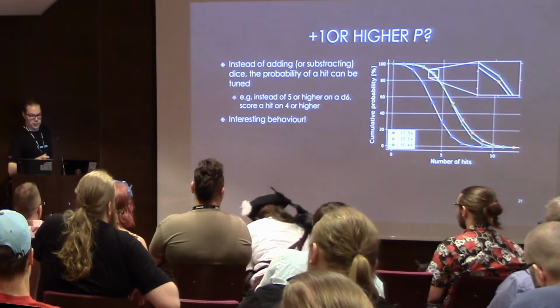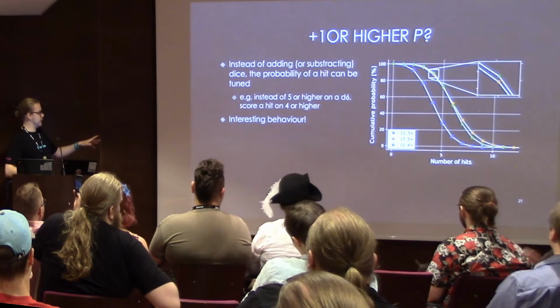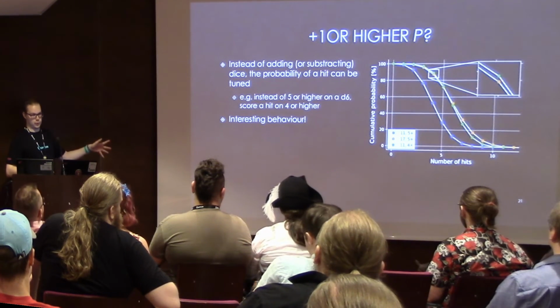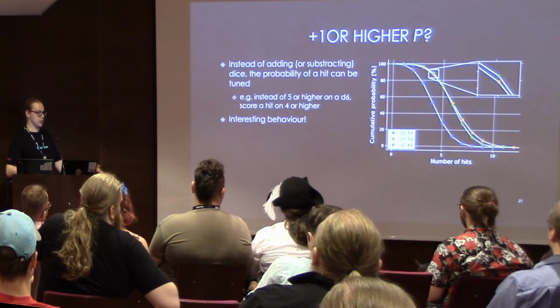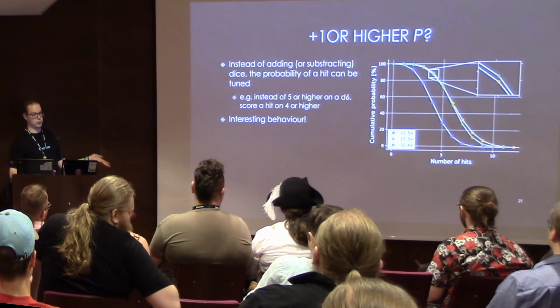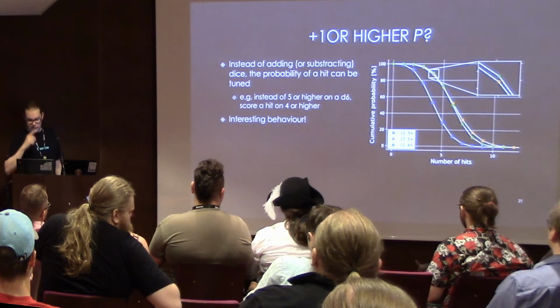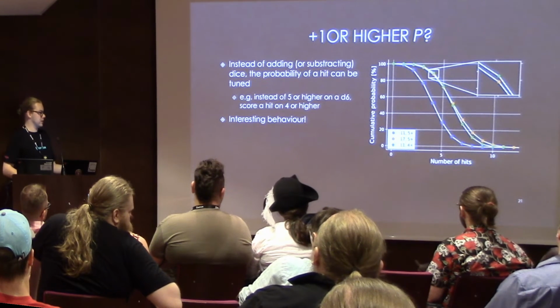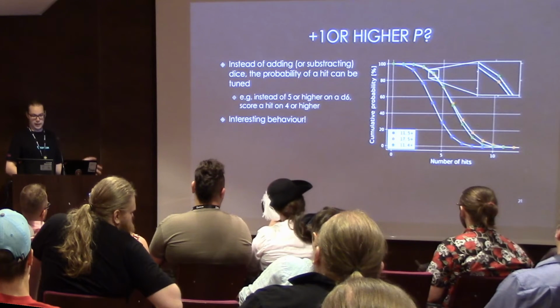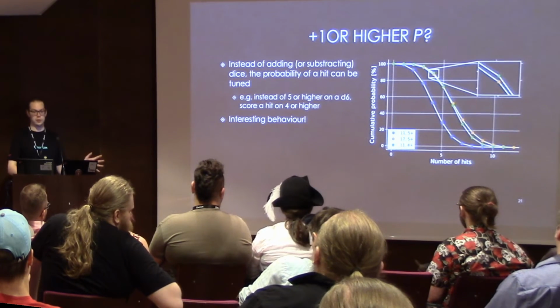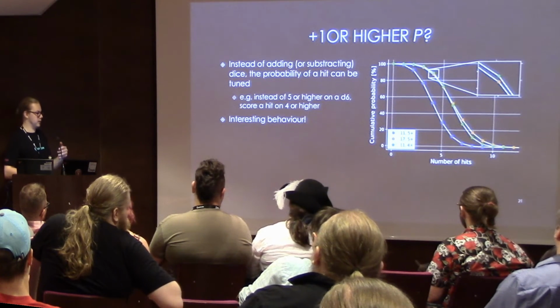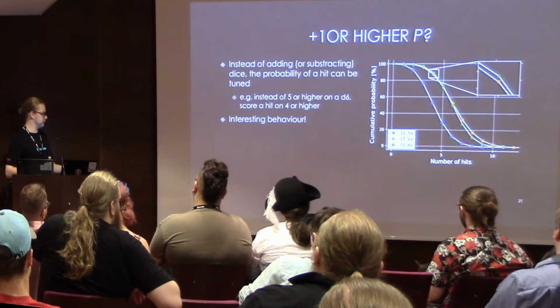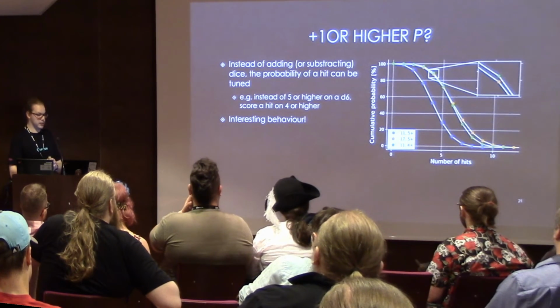So here I have drawn 3 different cumulative distributions. One of them is just for 11 dice in a normal situation, where we need a 5 or higher to score a hit. Then the orange graph is a situation where we have 17 dice, still needing 5 or higher to hit. And the green graph is a situation where we have 11 dice and need a 4 or higher to score a hit. Now an interesting thing happens here.